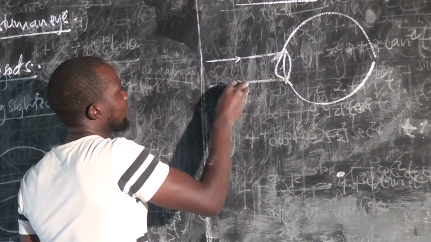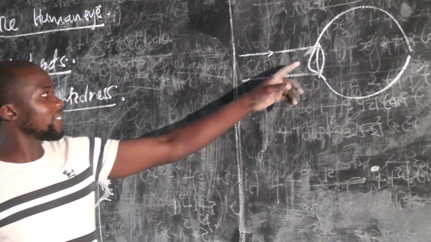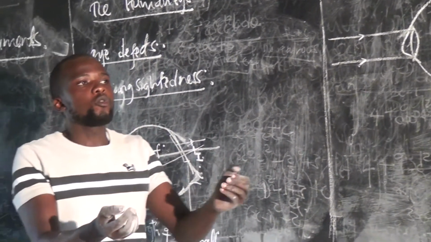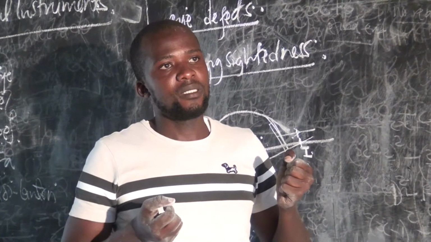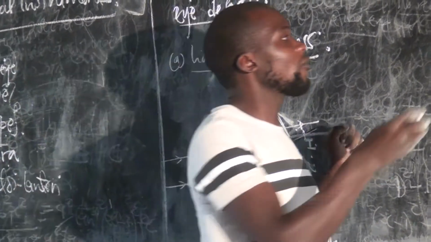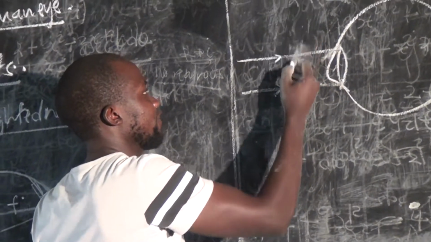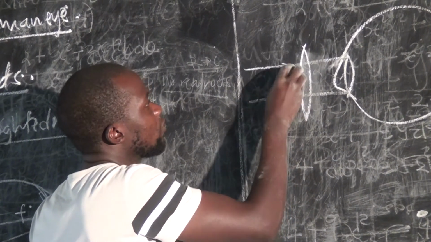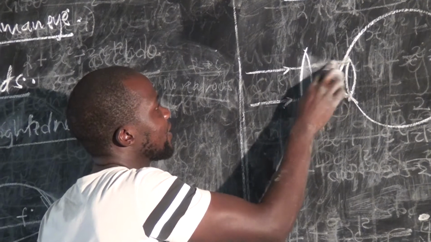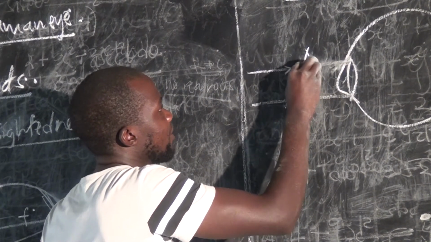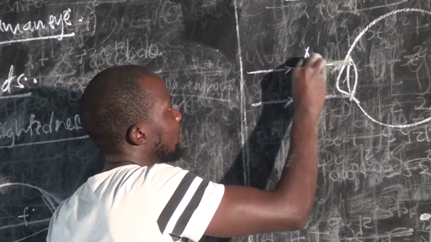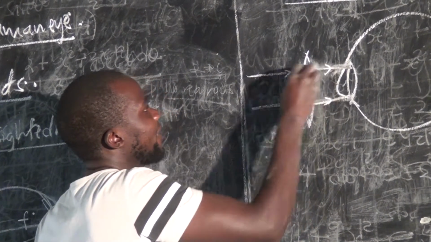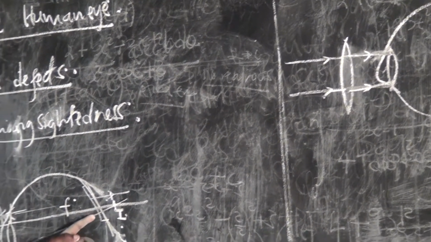Before the light reaches the eye lens, I need some other lens that will converge it. When I put in a converging lens, it will first of all converge this light a bit, preventing the effect of going so far.